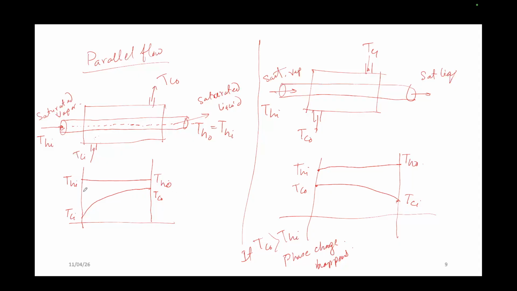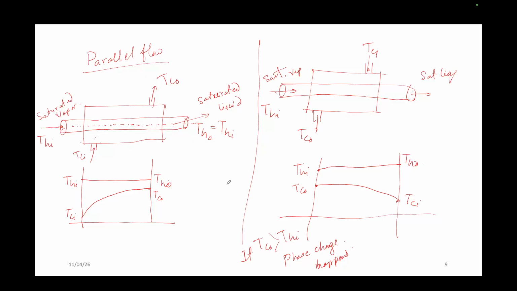That's why in this curve the temperature profile of the hot side is constant, at 100 degrees C. But the cold side is taking heat from the hot body, so its temperature increases. That's why you see this curve.